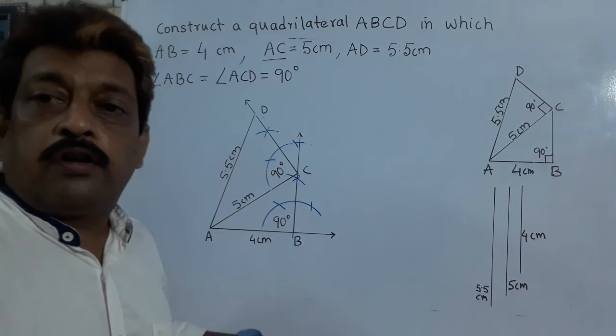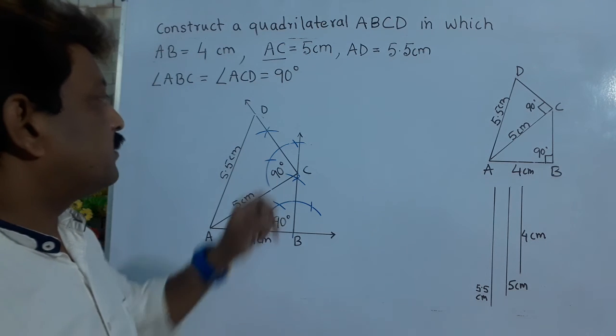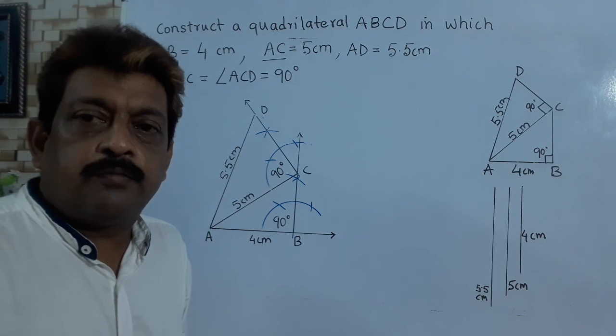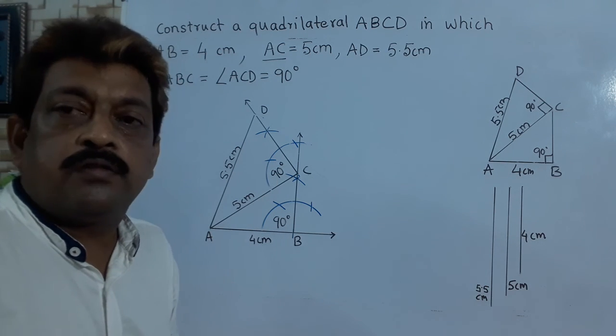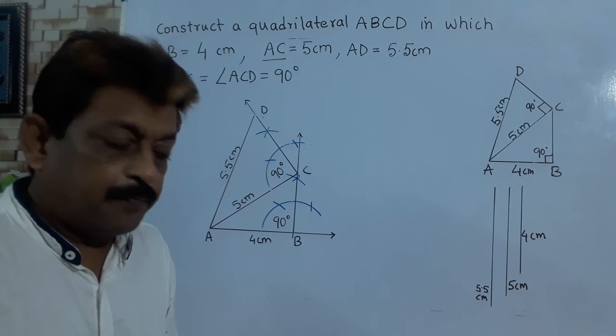So understood, all of you? Hope you have got it, how to draw the quadrilateral. This was also a bit different from the other, but still it is easy, not so hard, and you can do it. Okay.